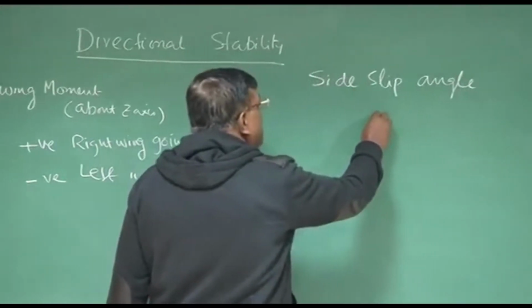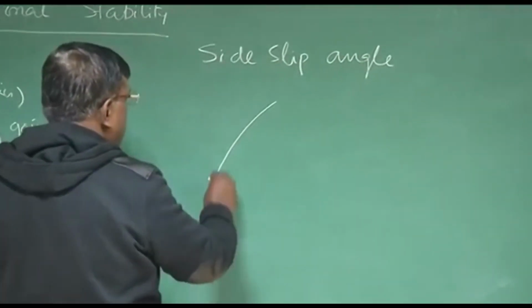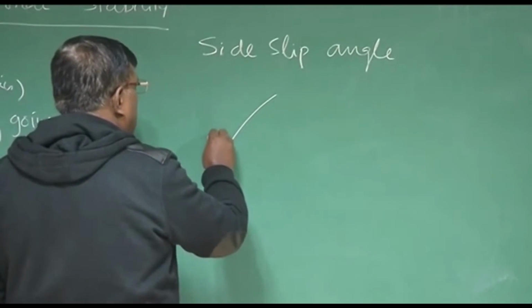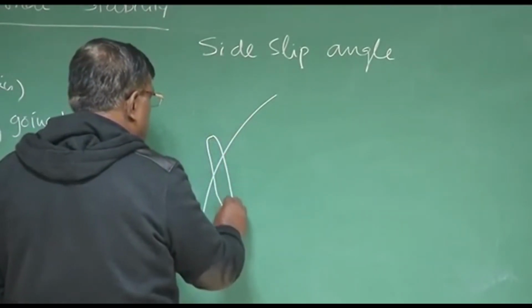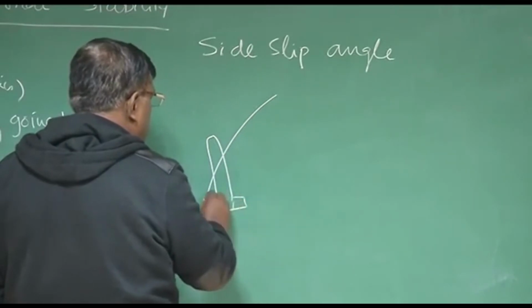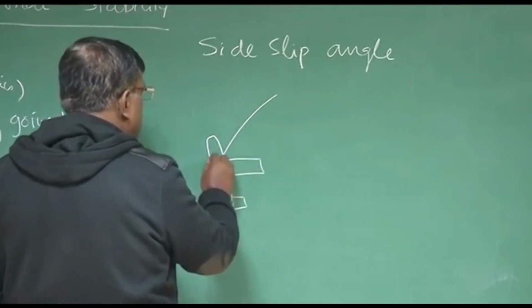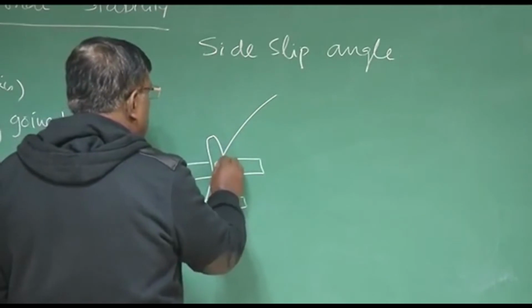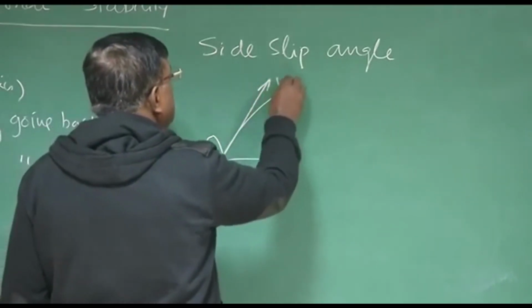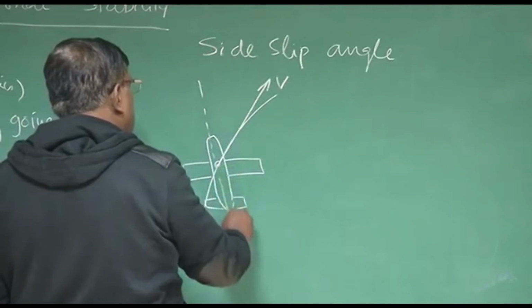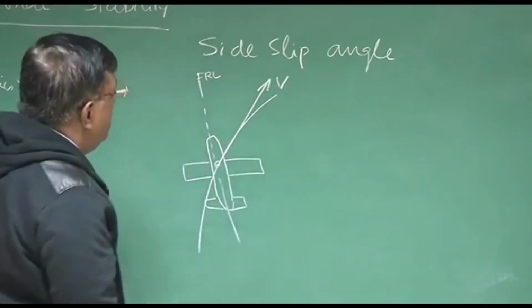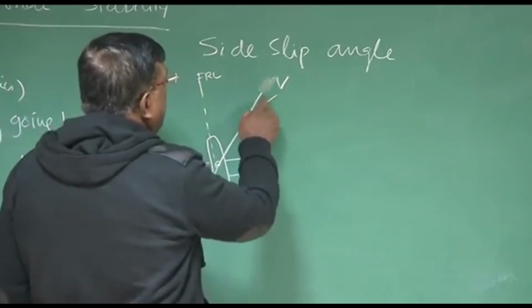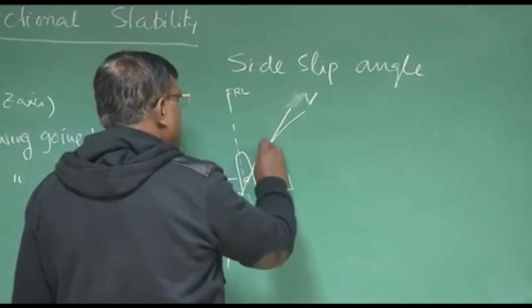For example, suppose this is the path and the aircraft, and this is the velocity direction and this is the fuselage reference line. So now the relative airspeed, I can write it as coming in this direction.